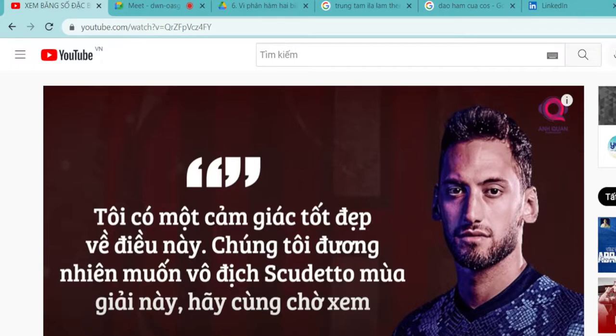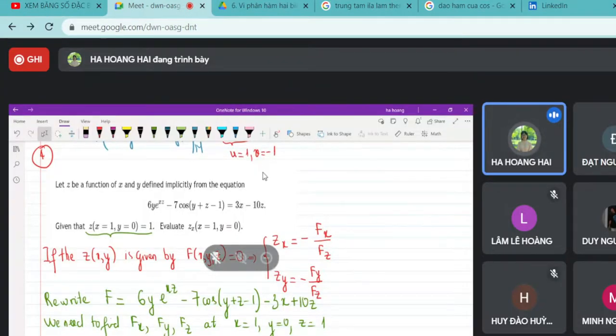Okay, to find fx at this point, 1, 0, 1, I fix y and z. If we replace y with 0 here, the first term becomes 0, right?